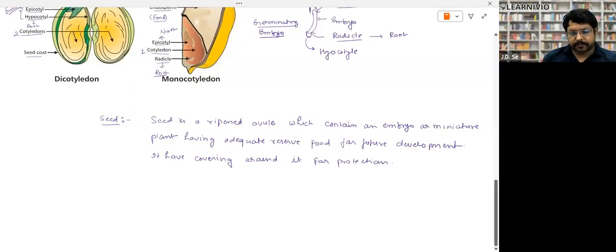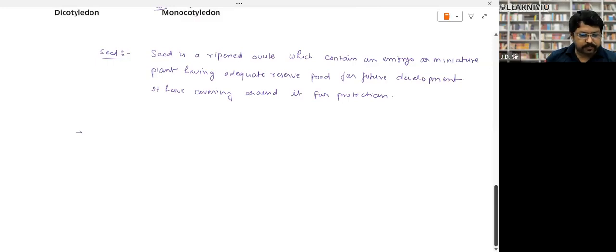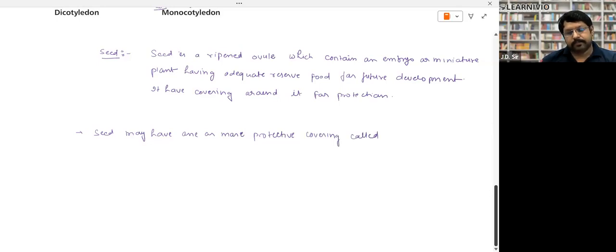Next one. A seed may have one or more protective coverings called the seed coat, right?